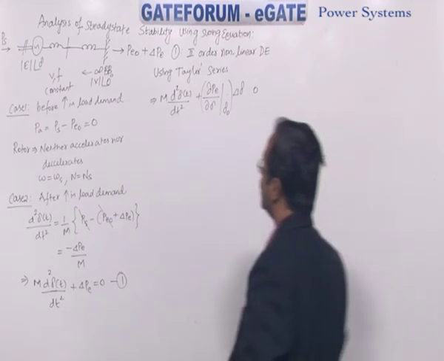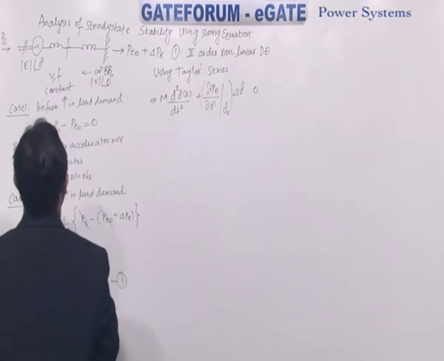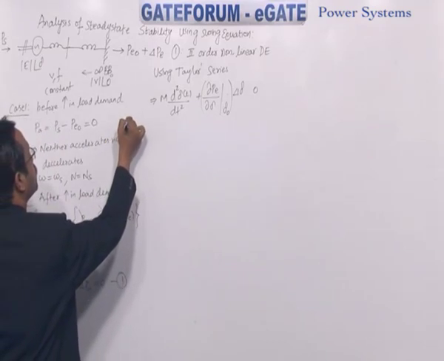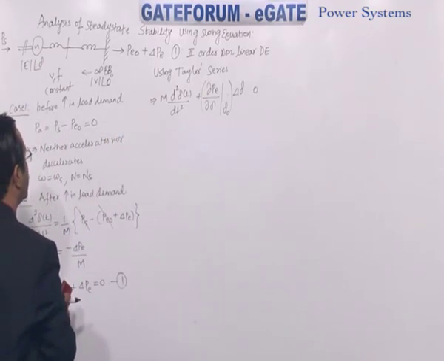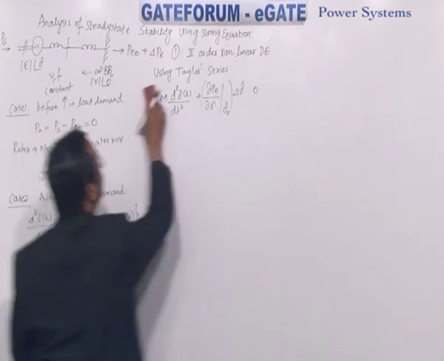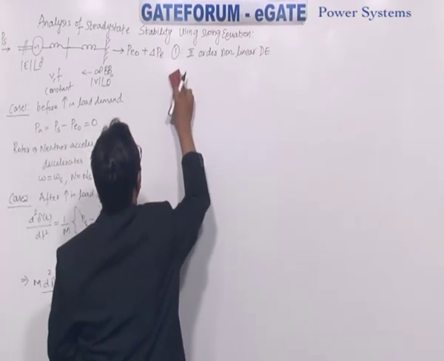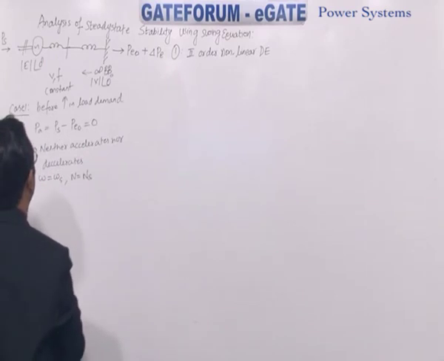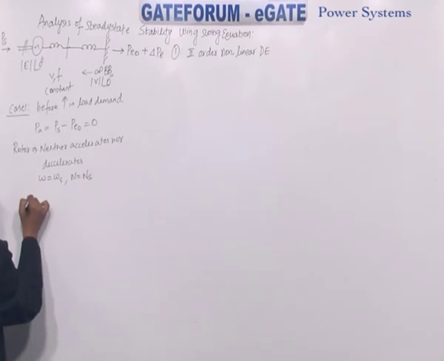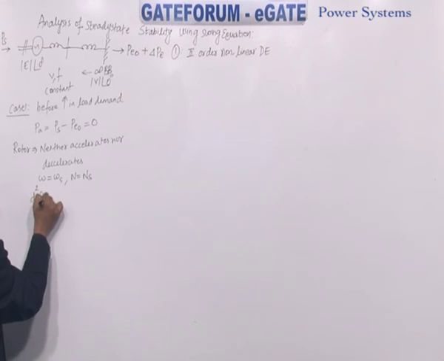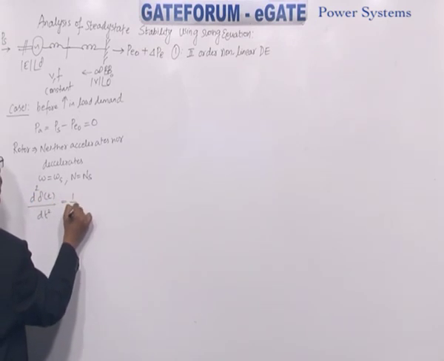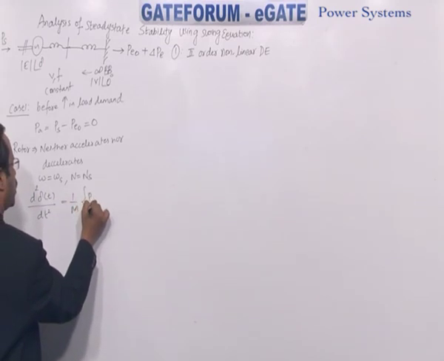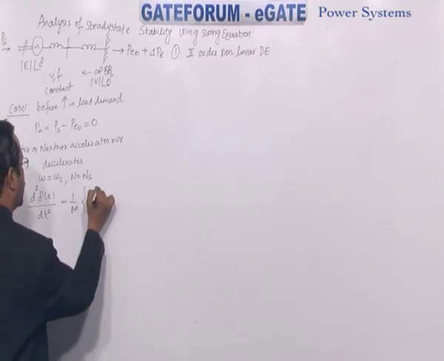And also we mention in the case 1, how do you represent further the swing equation? d square delta by dt square is 1 by m, if you want, you include mechanical Pa.